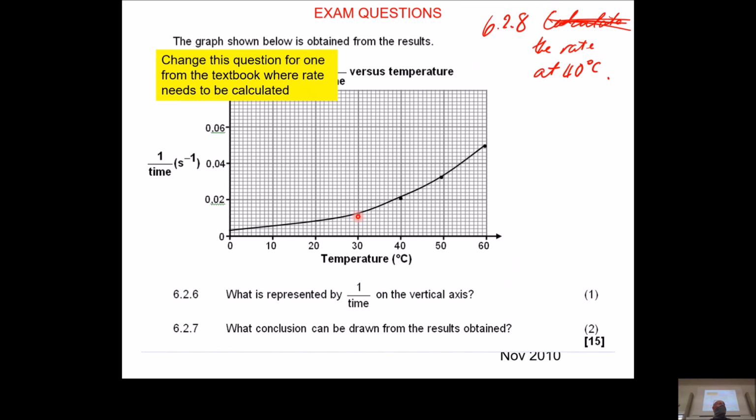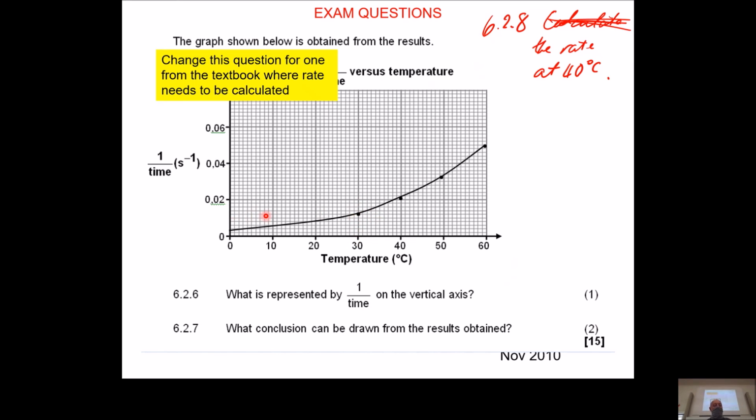Isn't the y-axis already the gradient? No, it's not the gradient. So the y-axis is already the rate. No, you're right, actually. You wouldn't have to calculate it, you just read off the graph. Well, that isn't actually the rate.